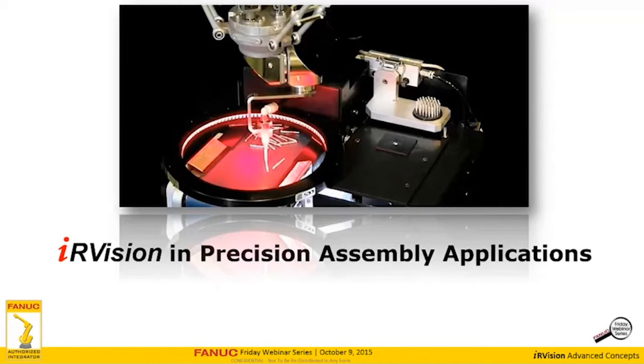And my task here today is to talk to you more about some of the key technology issues, going into depth in some of the technology that we're going to address when we try to use robotics machine vision for precision assembly.